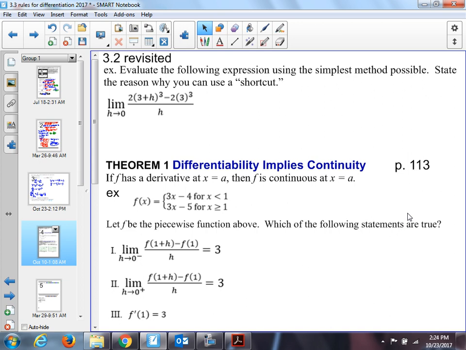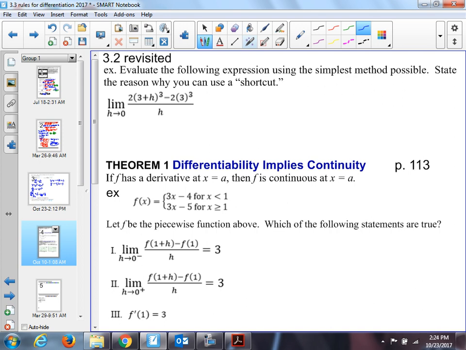Now, taking a look at this expression, what does that look like to you? Thinking back to 3.1 and 3.2, it's the derivative of what function? 2x cubed minus 2x. Now this is not quite the definition of the derivative like x plus h, this is at a point, a plus h, right?